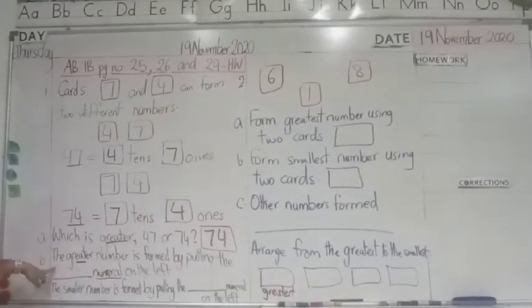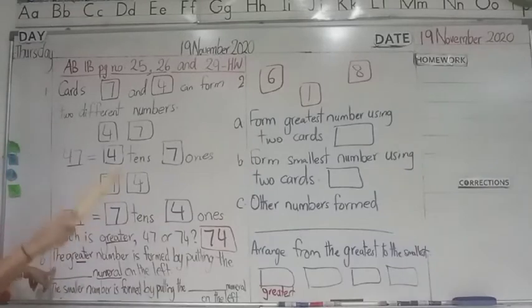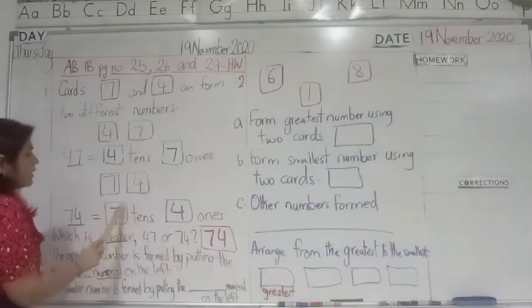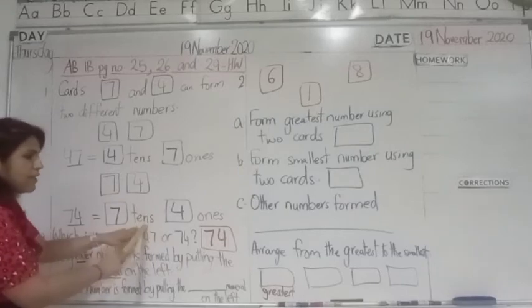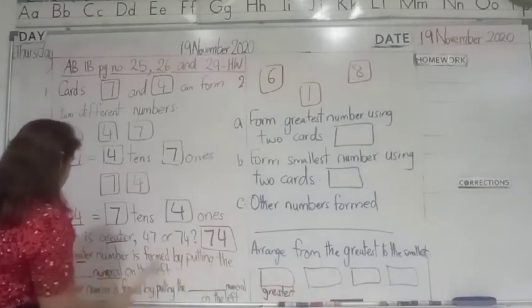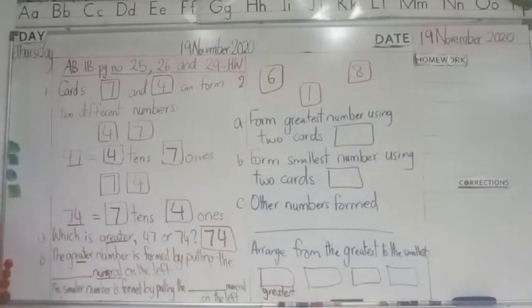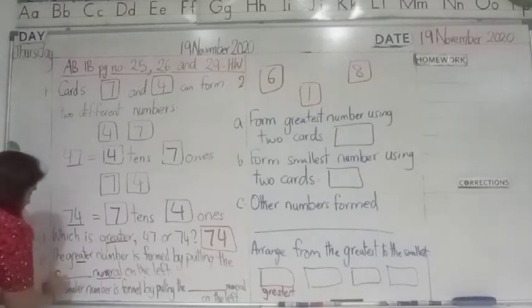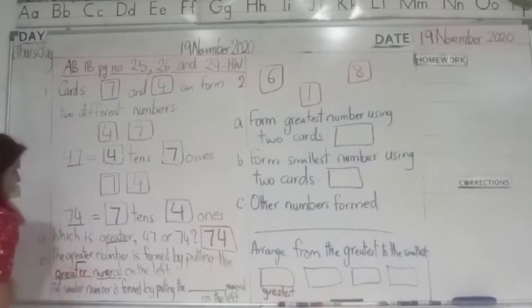Now they are saying here, if you want a greater number, you have to put the greater number in tens place, which is on your left hand side. So the greater number is formed by putting the greater numeral on the left. So you have to write here the word greater, G-R-E-A-T-E-R.